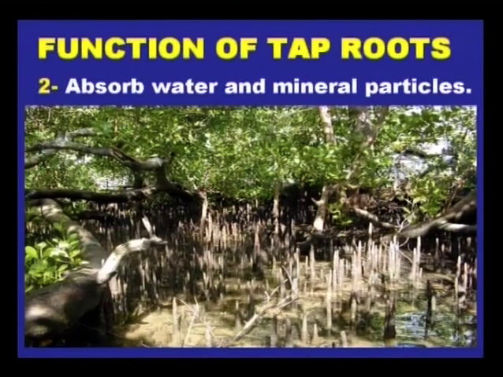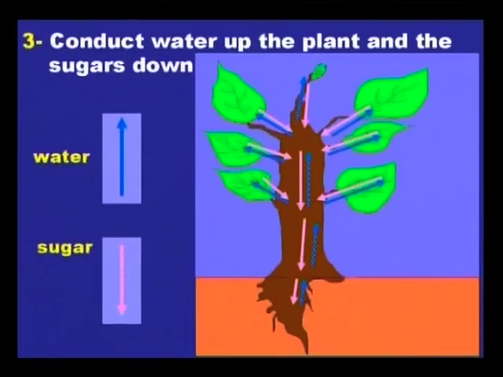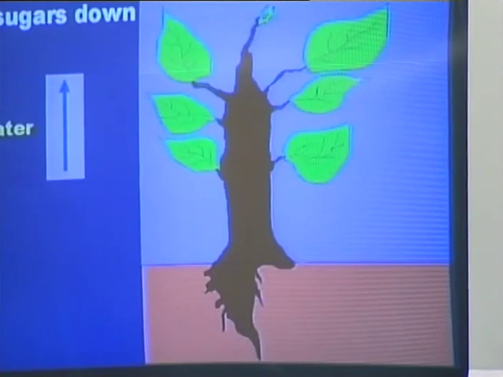And that relates to the experiment that you did in your previous lesson. It was absorbing water and mineral particles. And number three, it conducts water up the plant and the sugars down. So for example, if we take a look at this diagram here, what does it conduct up? Water. Okay, so this plant here conducts the water up.